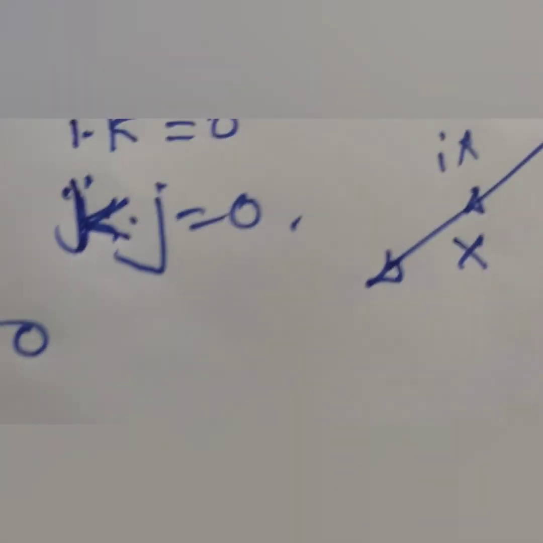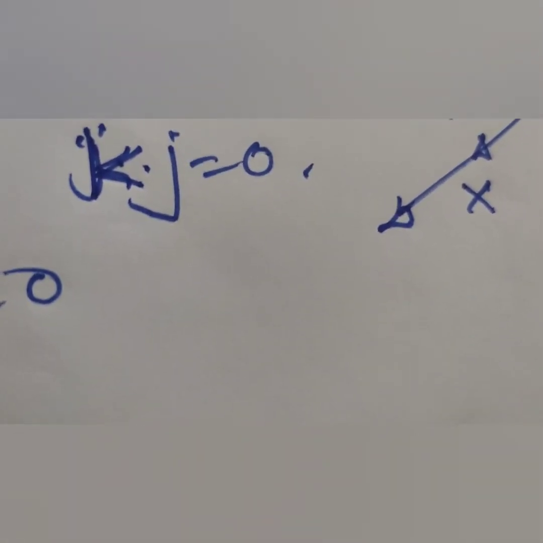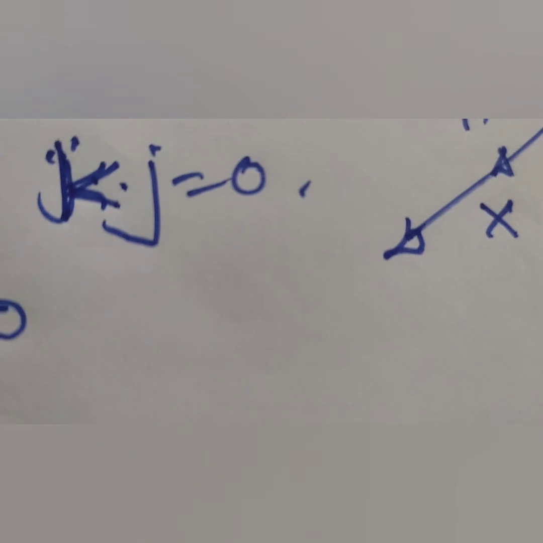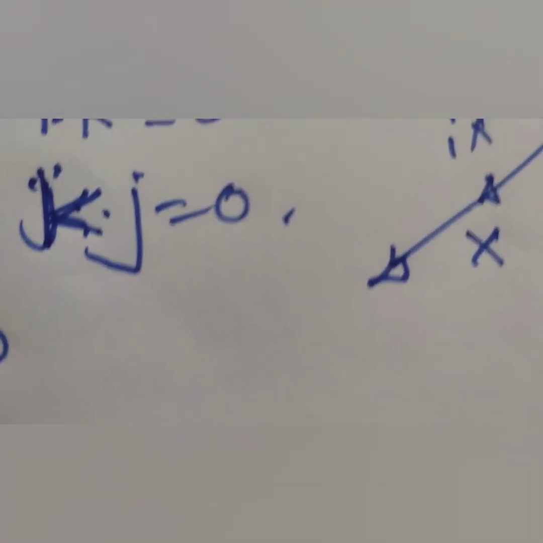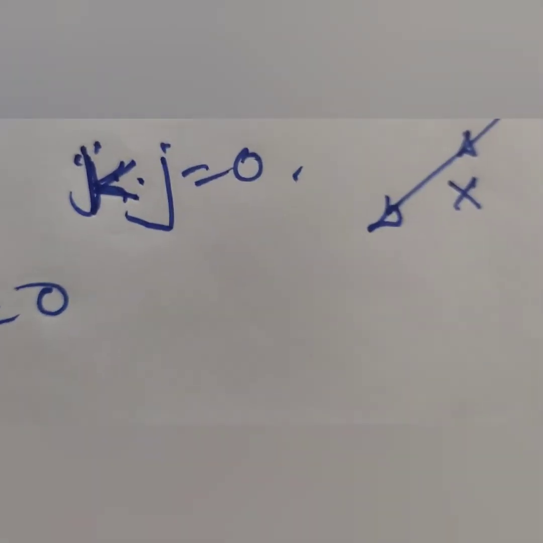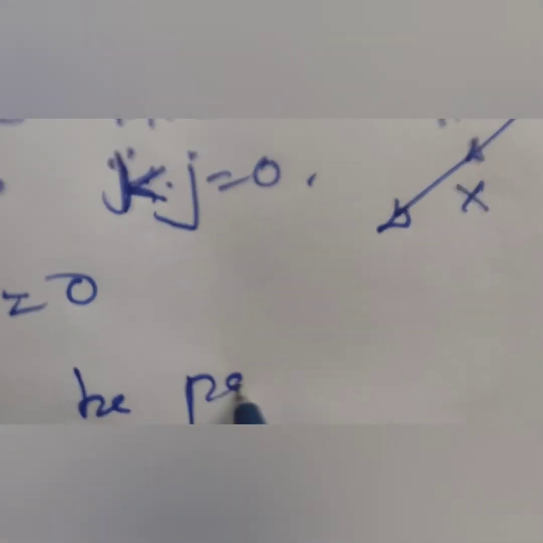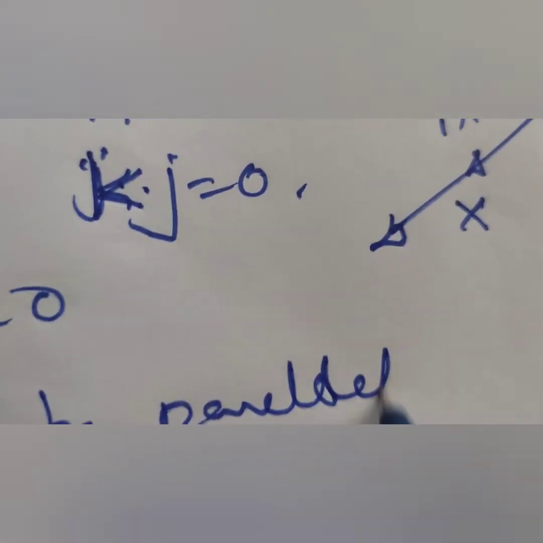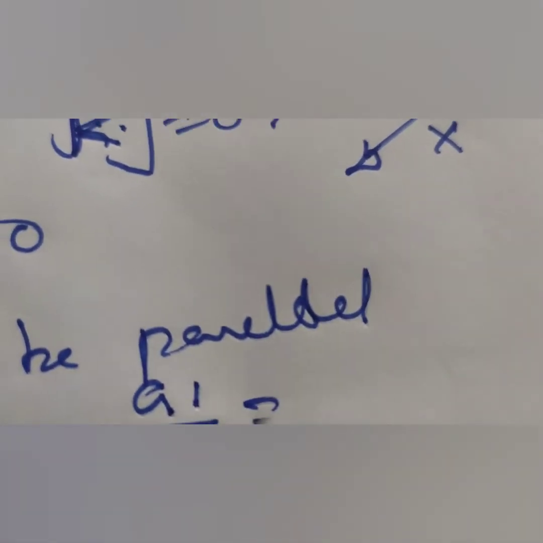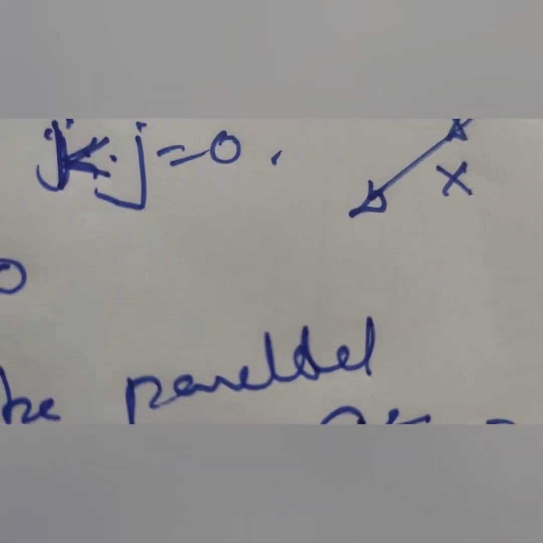Now we see what parallel vectors are. If these vectors are parallel, the condition is A1 by B1 equal to A2 by B2 equal to A3 by B3.